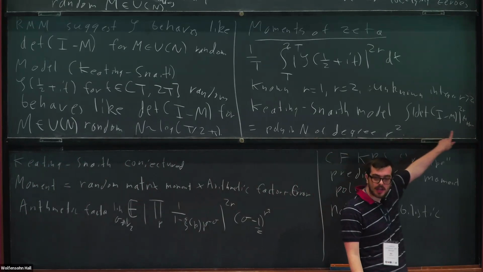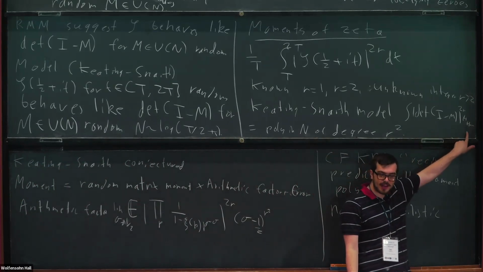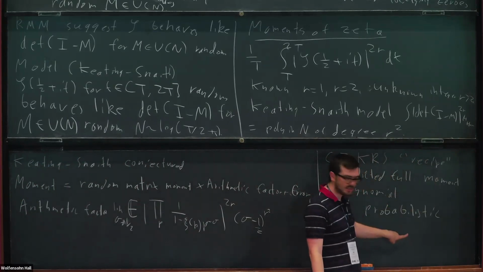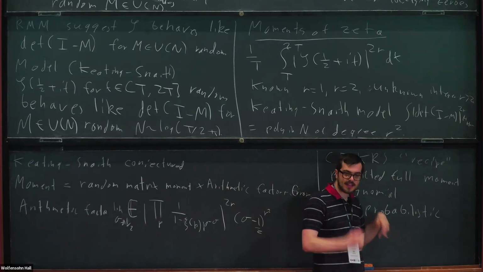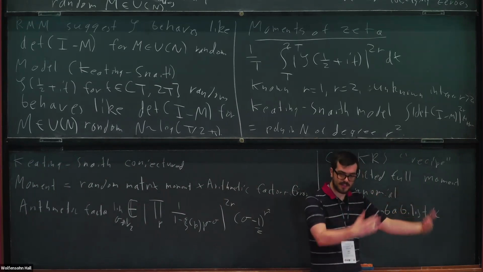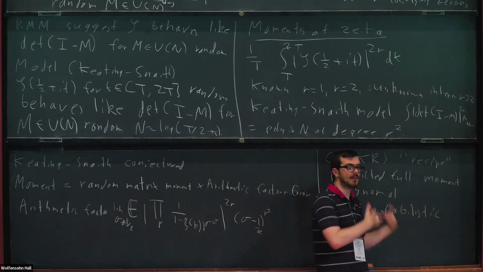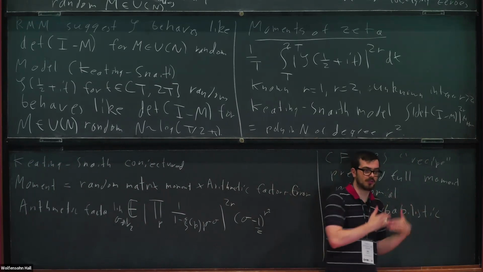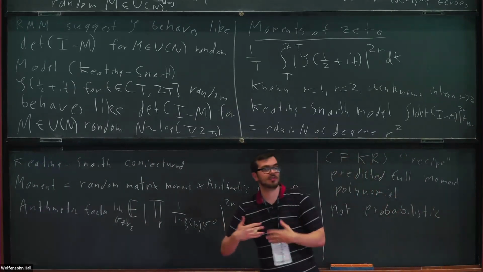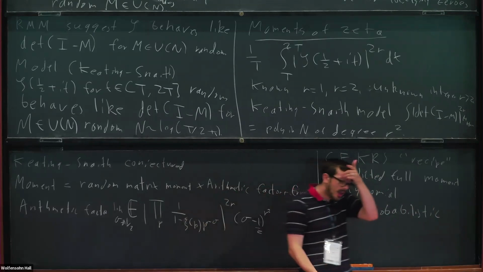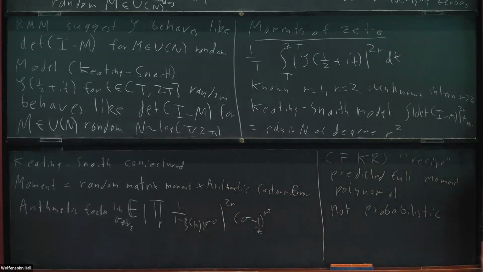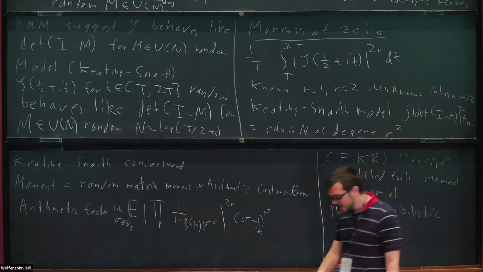The moments of random matrices you can compute by a strategy that looks very similar to CFKRS. So in that sense, CFKRS is justified by random matrices, in that we apply the same procedure, which works rigorously in the random matrix model, non-rigorously to the zeta function. But it doesn't come from the random matrix model in the sense that we translate a question about zeta into a question about random matrices. That's a good point.